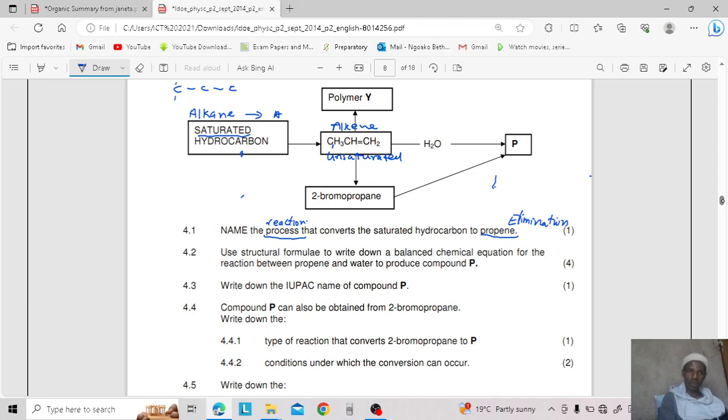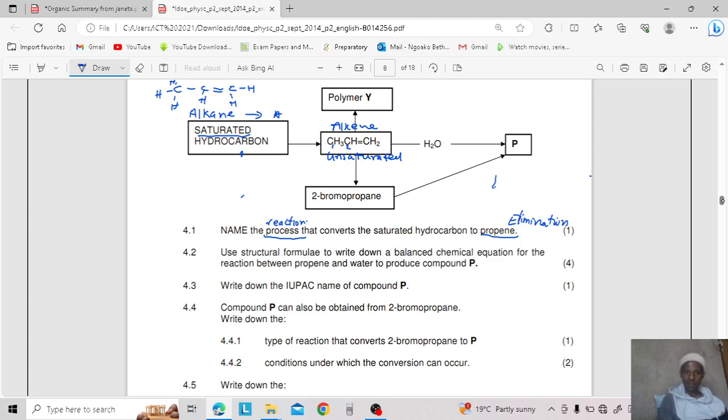Then carbon number 2, this one, has only 1 hydrogen. And this one has how many? 2 hydrogens, 1, 2. And also a double bond between these two. That's why you have a double bond here. So that's why you say it's unsaturated.